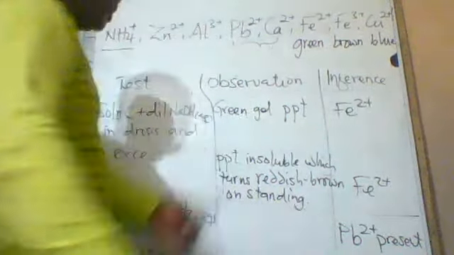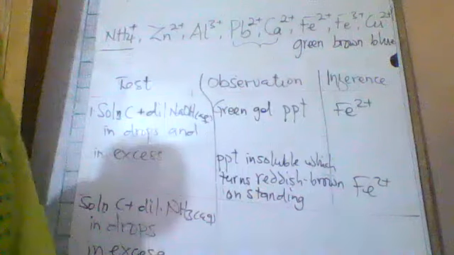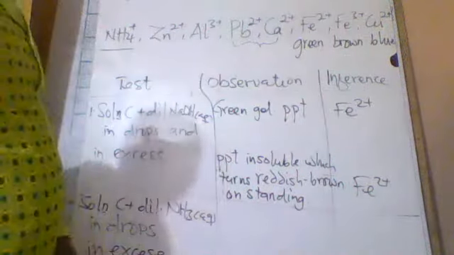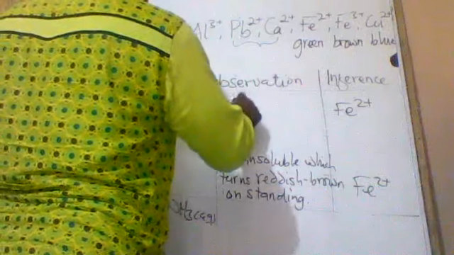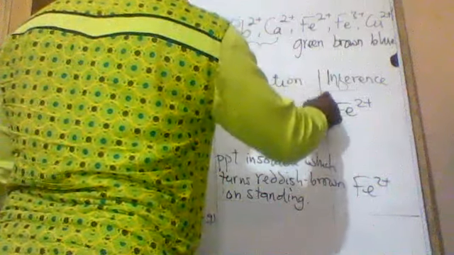Green gelatinous PPT, insoluble in excess. The same observation. When it comes to iron 3, that will give you reddish brown gelatinous PPT. That's Fe3+.